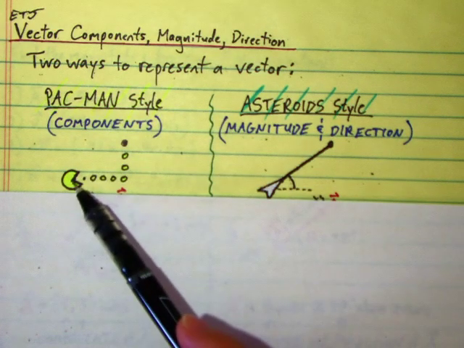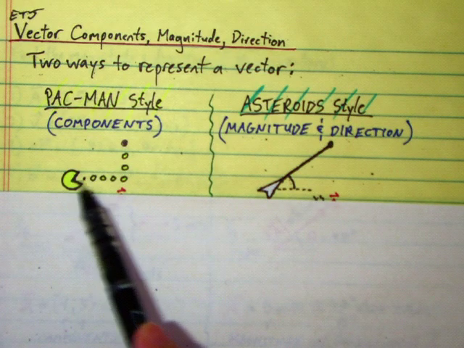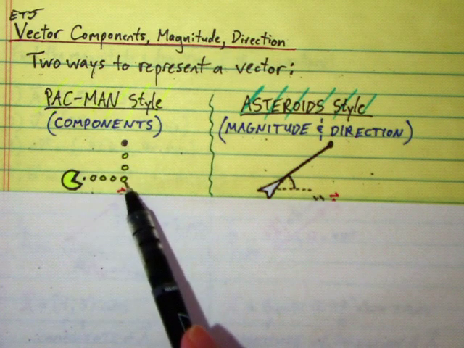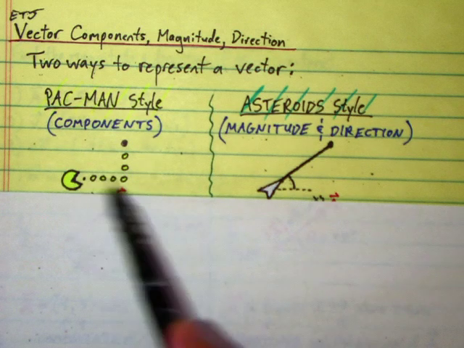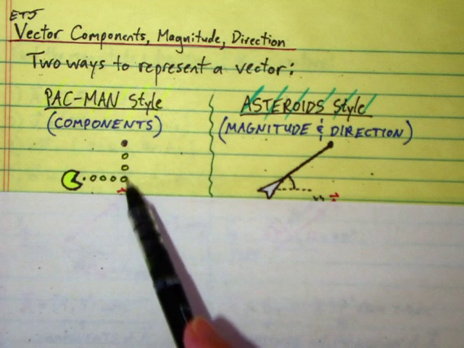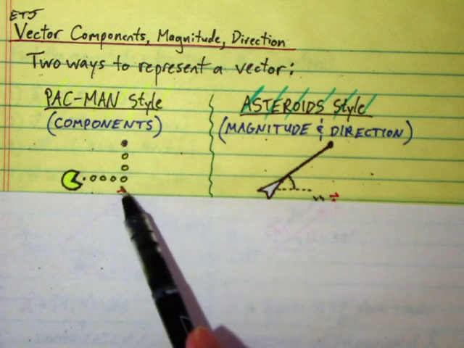When Pac-Man wants to get from point A to point B, he moves to the right, and then he takes a 90-degree turn, and he moves up. So first he moves in the X direction, then he moves in the Y direction. And he only makes those right-hand 90-degree turns.